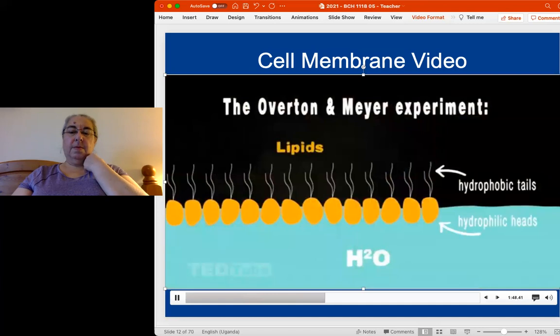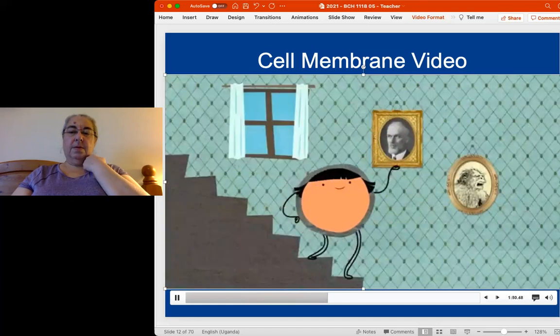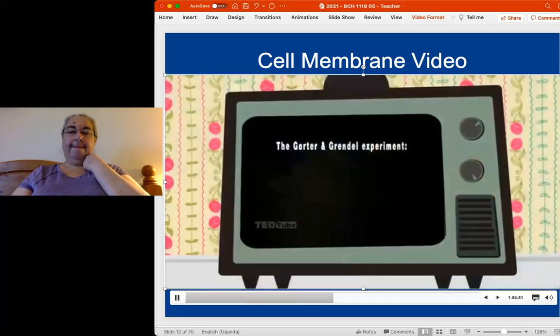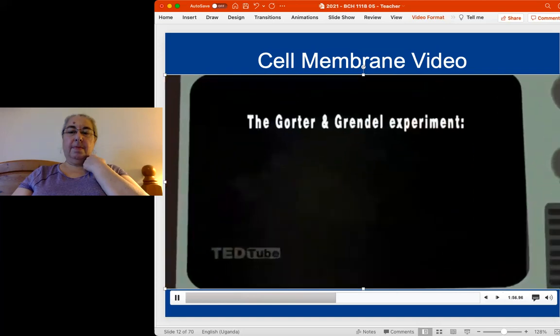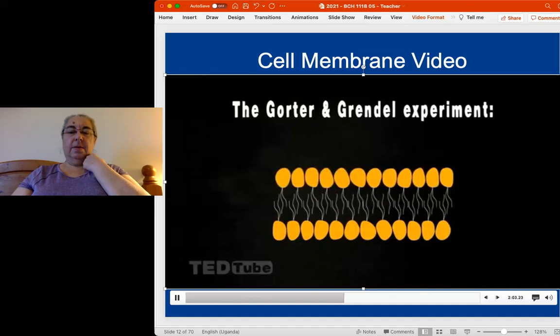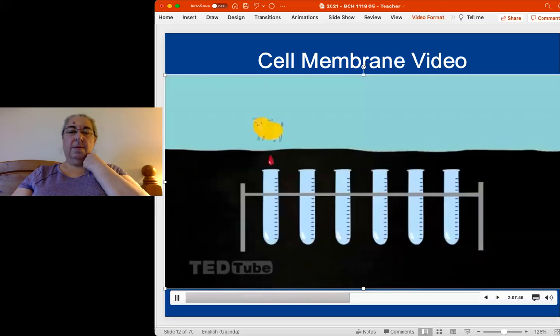In 1925, two scientists, Evert Gorter and François Grendel, pushed our understanding further. They designed an experiment meant to test whether cell membranes are made of only one layer of lipids, a monolayer, or two layers stacked on top of one another, called a bilayer. Gorter and Grendel drew blood from a dog, a sheep, a rabbit, a goat, a guinea pig, and human volunteers.